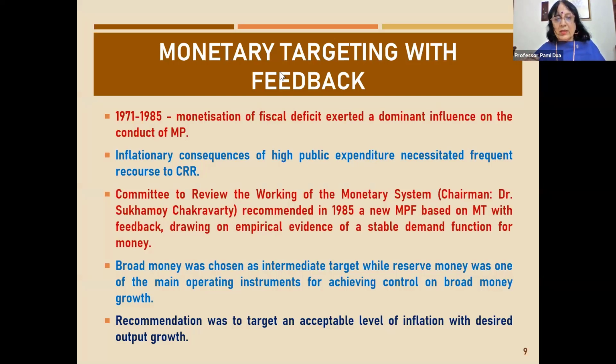In this, broad money was chosen as the intermediate target, reserve money as the operating target. This system was called monetary targeting with feedback because a range was given for broad money. Depending on what output growth was, the broad money growth was changed accordingly. So there was some provision for flexibility.